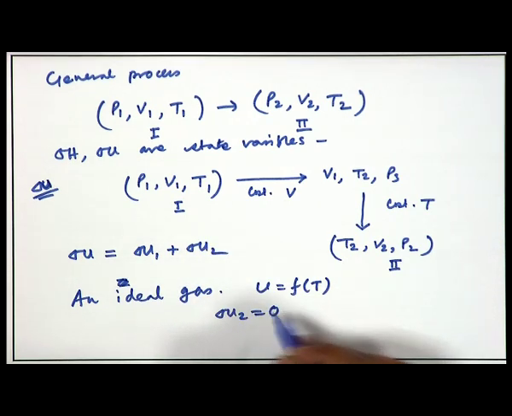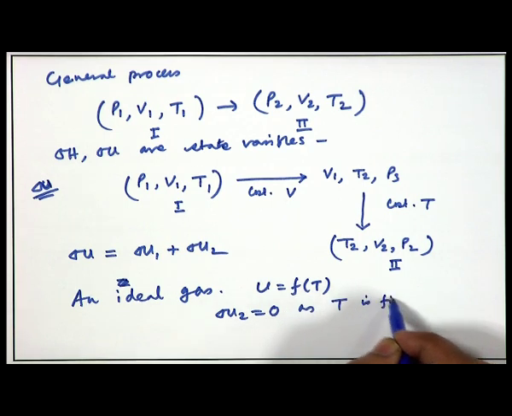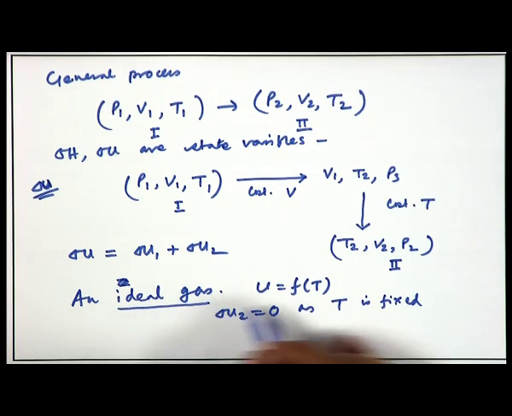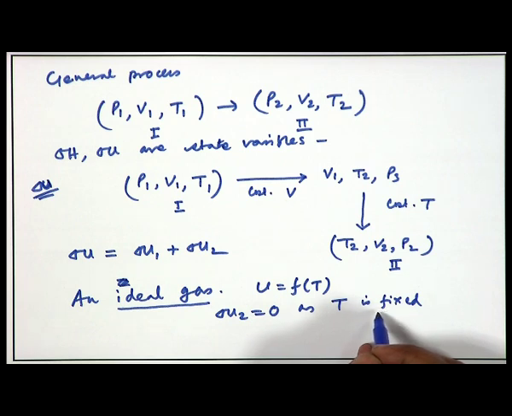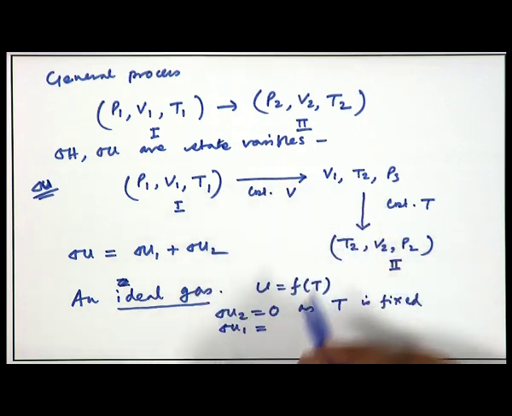Remember, we are talking about ideal gas. Please do not generalize this. This is only applicable for ideal gas, and del U 1 is a constant volume process, as we discussed earlier.